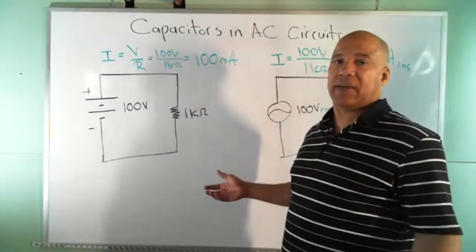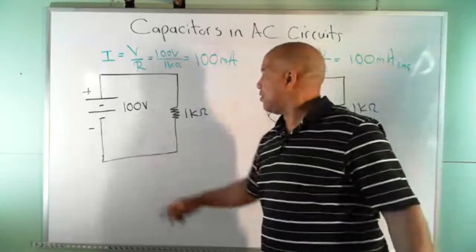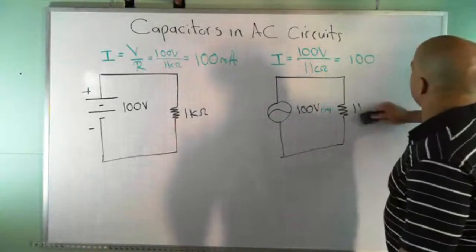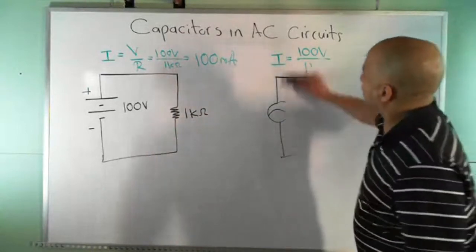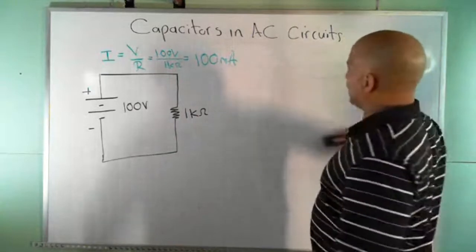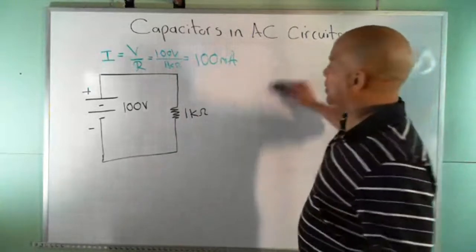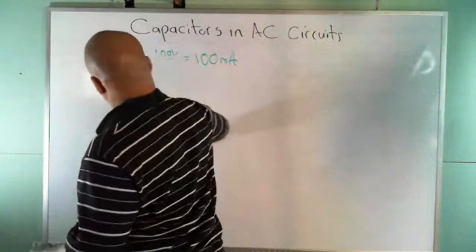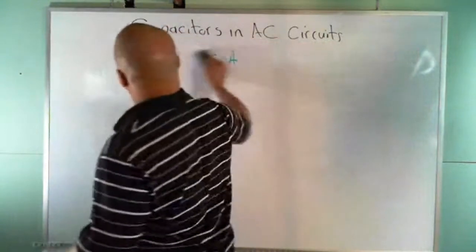Resistance is just resistance. Doesn't matter if it's hooked up to a DC source or an AC source. So I'm going to erase this, and I'm going to write down the various oppositions that you're going to come across and tell you if they're AC opposition or DC opposition. And I'll tell you now, the only one that's both AC and DC is resistance.